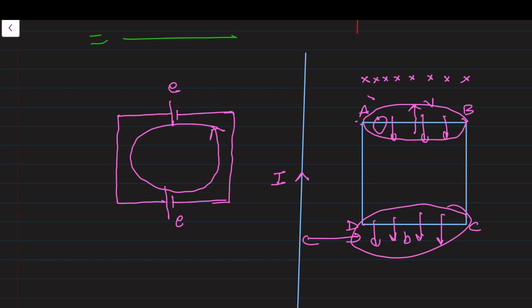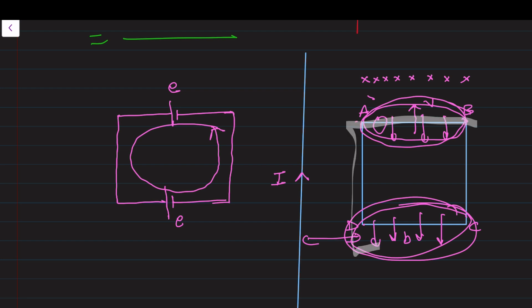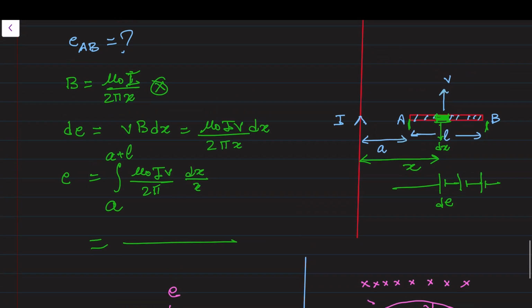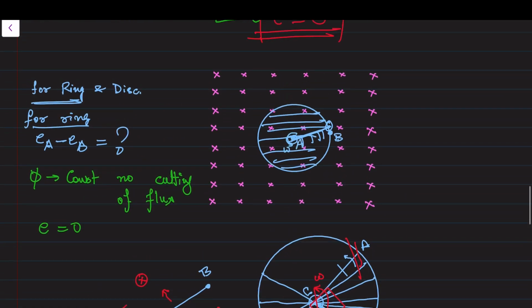Like here you see EMF induced across this part is non-zero. EMF induced across this part is non-zero. But EMF induced across the whole loop will be 0. Right? I hope the concepts of motional EMF are clear to you.